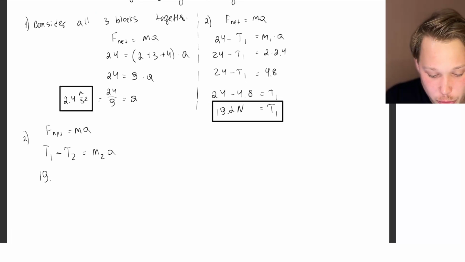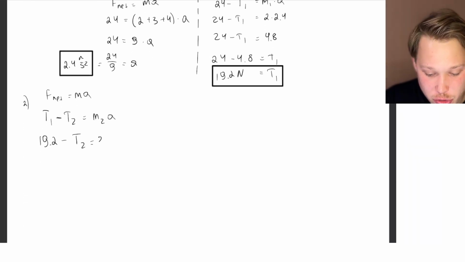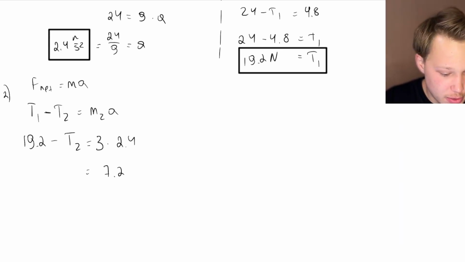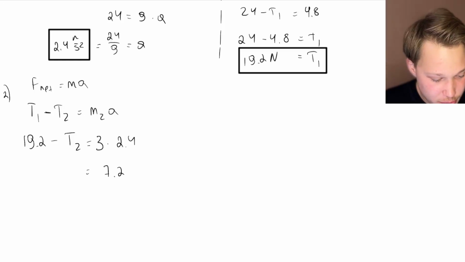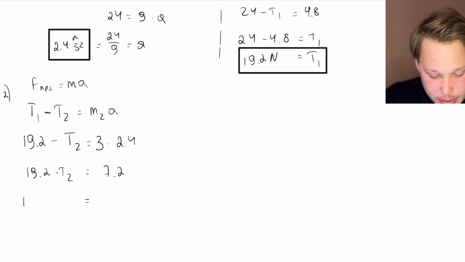So 19.2 minus T2 is equal to the mass of the second block, 3, times acceleration, 2.4. So that is 7.2. And finally, we have 19.2 minus T2 equals 7.2.